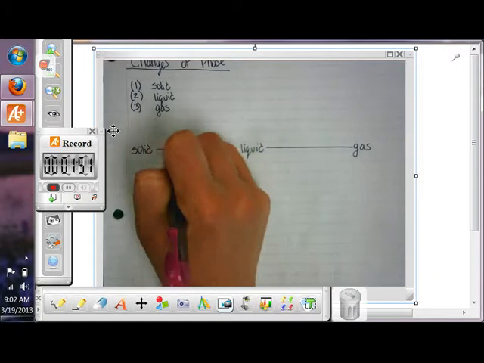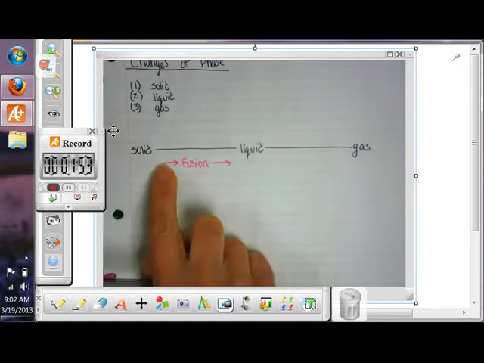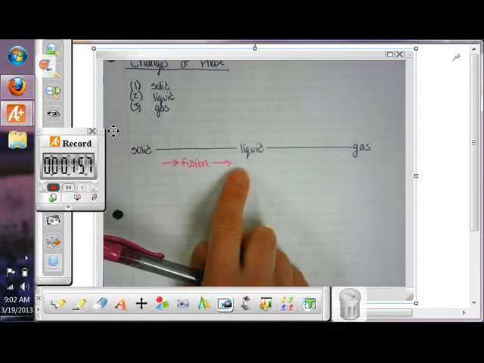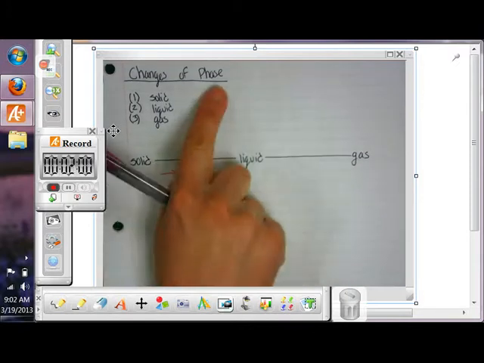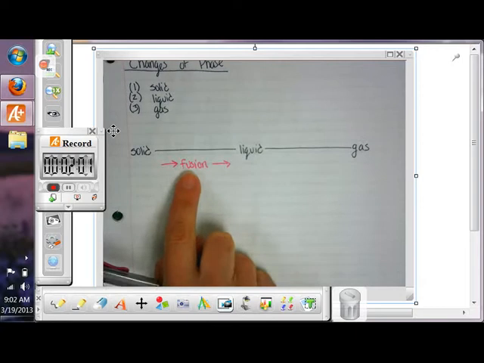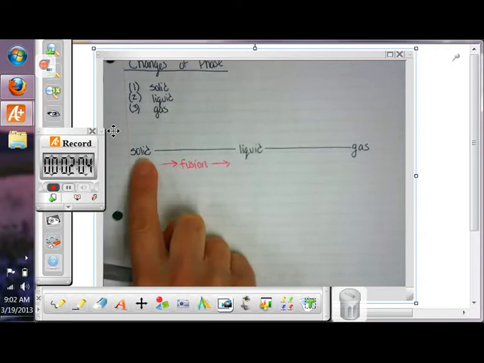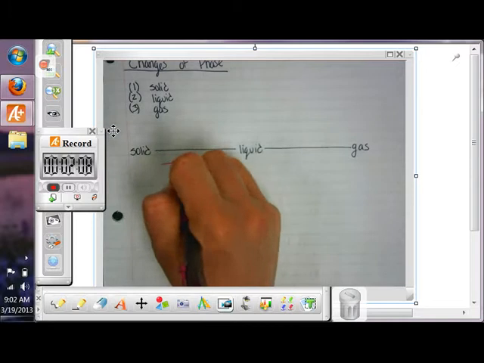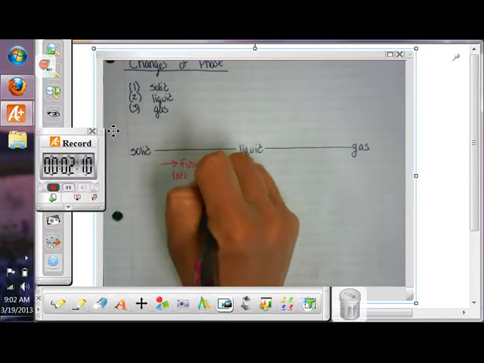So when I'm going, notice in the right-hand direction, when I'm going from a solid to a liquid, that change of phase is called fusion. And if you want to go from ice to water, you have to add heat. So that is endothermic.